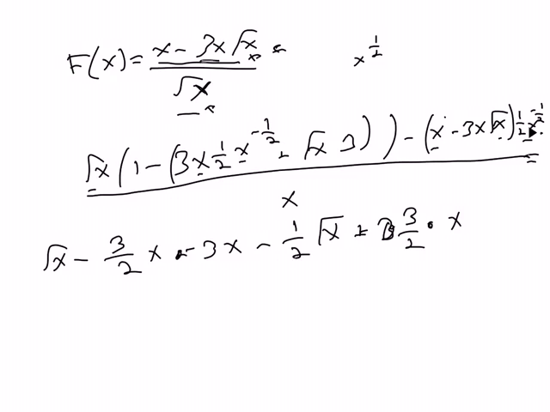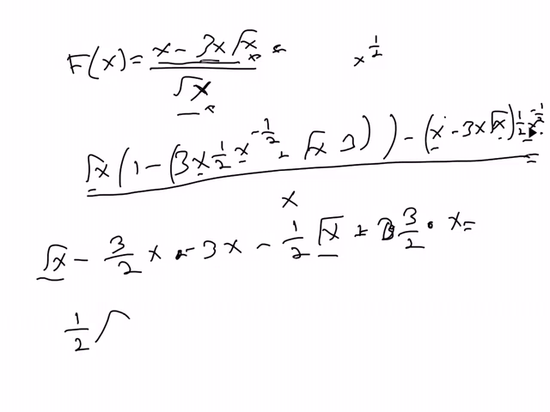Right, so let's see what happens now. In the bottom I still get an x, but let's just simplify this. So this and that become a half square root of x.